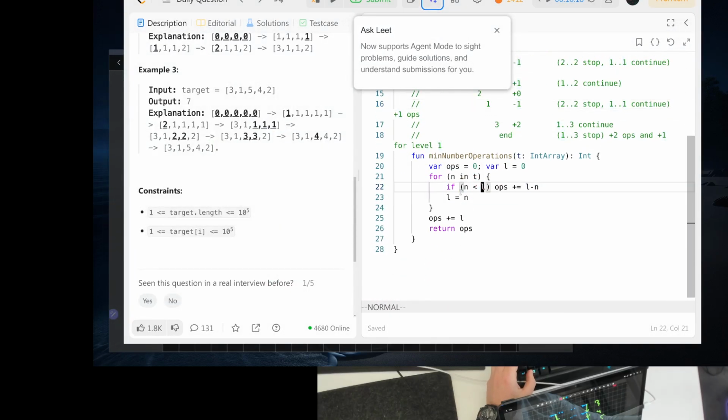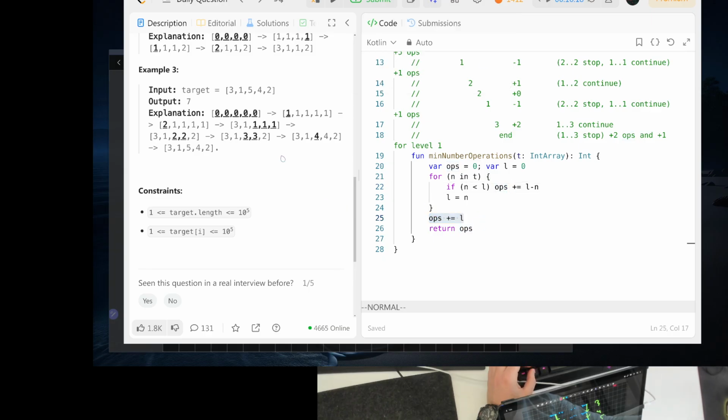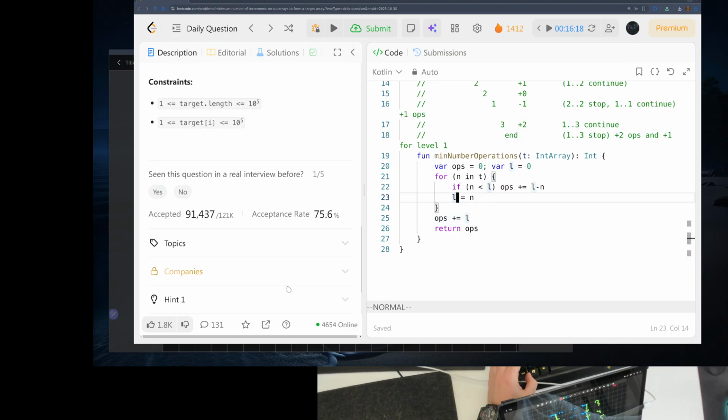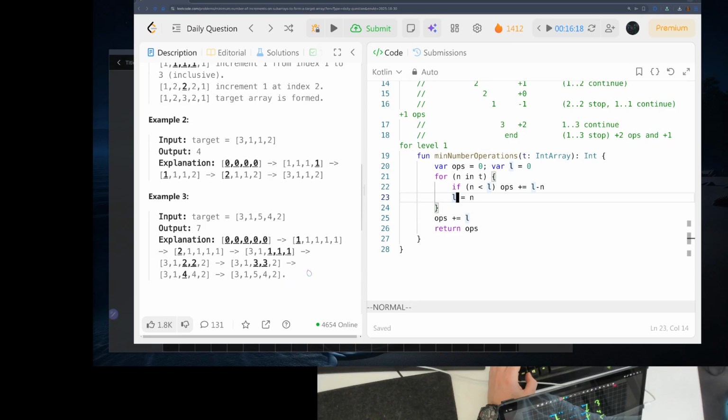You just have to know the previous level, and you increase the number of operations by the number of islands, and finally you end with the final step. This is it. It is the optimal solution. So O(1) in memory space and O(n) in time complexity.